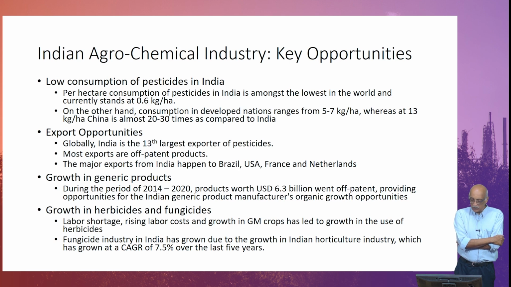Growth in generic products is a key opportunity. India is considered one of the major markets for producing generics, right? And it's certainly so in pharma. Maybe in agro also, we can have an equally strong presence as a generic manufacturer. Growth in herbicides and fungicides also presents us with an opportunity.